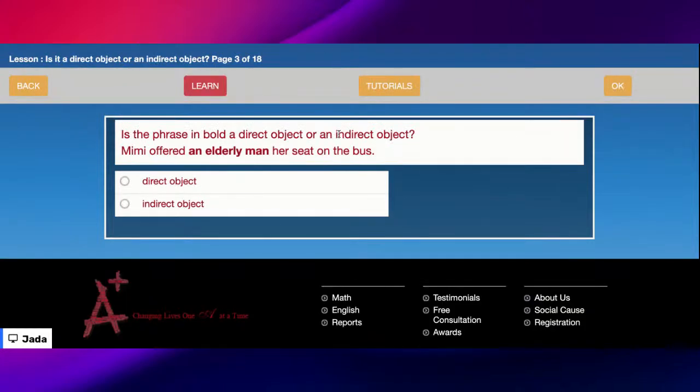Okay. So this one. Everybody, please participate. Send in your answers. Is the phrase in bold a direct object or an indirect object? Mimi offered an elderly man her seat on the bus. So, direct or indirect? Let's see your answers, guys.